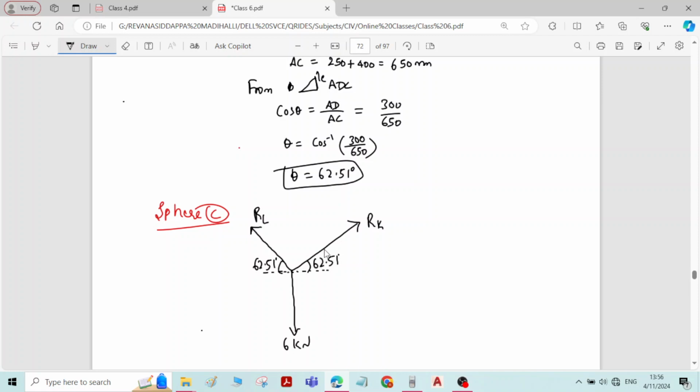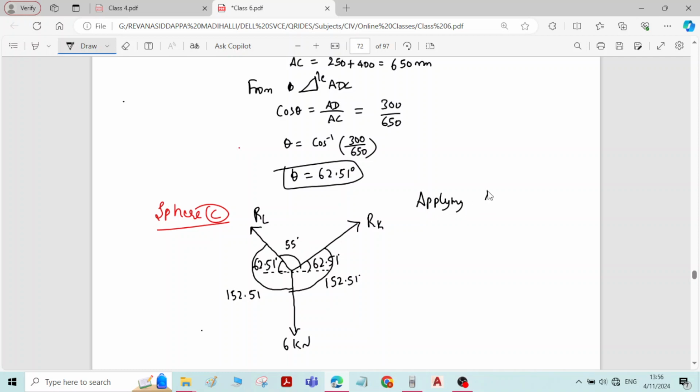Okay. Now on this side overall angle is 90 plus 62.51, 152.51 degree. On the other side this overall angle is 152.51 degree. So the remaining angle, 360 minus 152.51 minus 152.51, you will get around 55 degree. Okay.